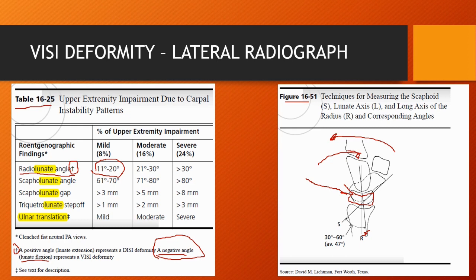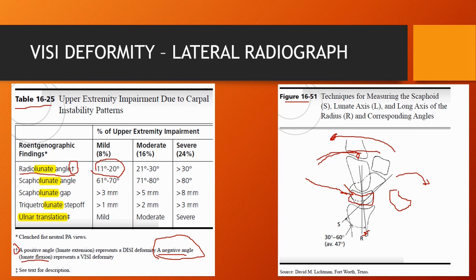Well, when the lunate bone is in a greater rotation in this direction, giving us a negative radiolunate angle, that represents a VISI deformity, such that the lunate bone would be more rotated, such as this. I know that's a poor drawing, but can you see that this represents a rotation in that direction of the lunate bone? So that is a volar intercalated segmental instability.